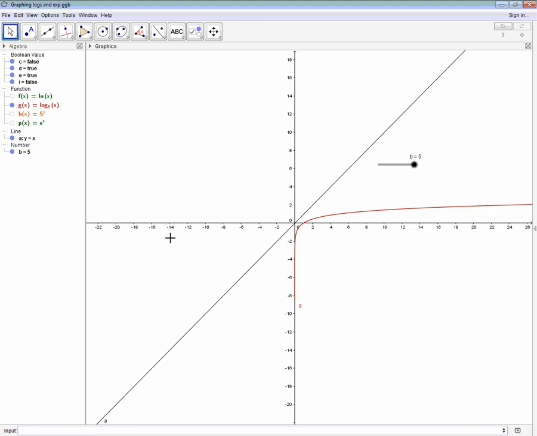So here is my log to the base 5. This is the graph of log to base 5. I wanted to show you what happens when we change the base.